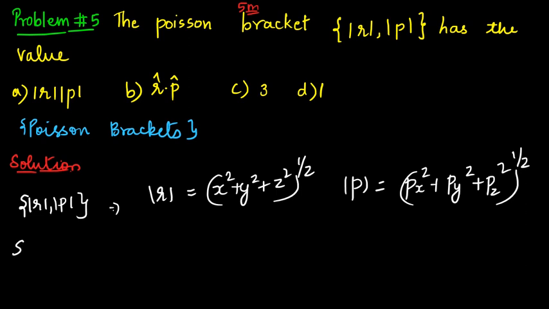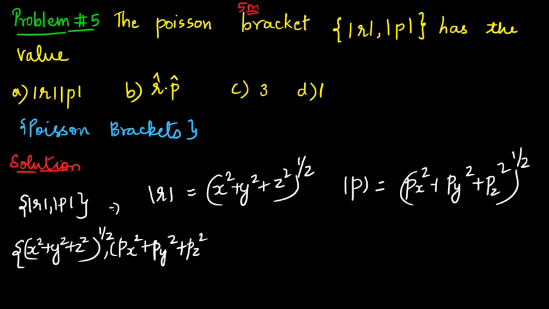So let me substitute this over here. x square plus y square plus z square, the whole power half, comma px square plus py square plus pz square, the whole power half. Let me assume this first term to be A and this to be B.